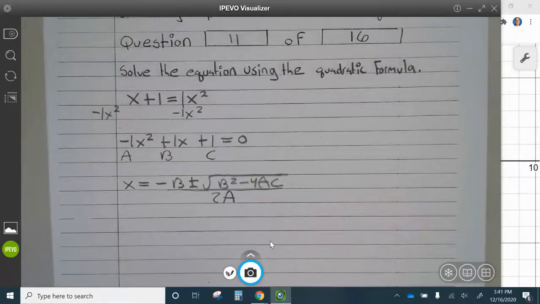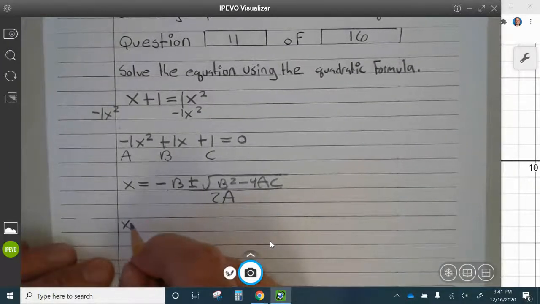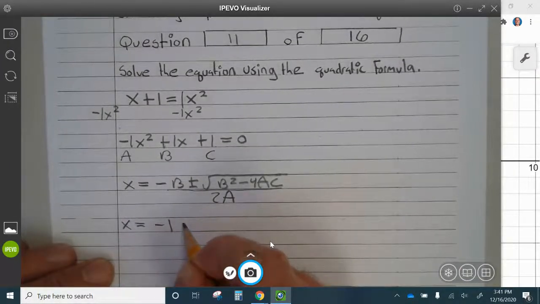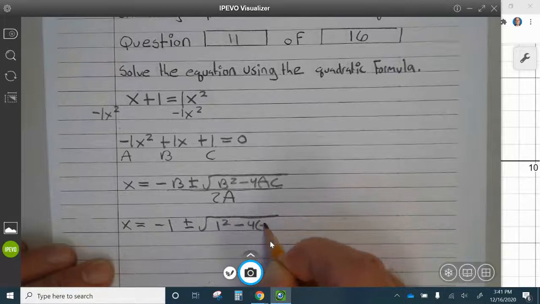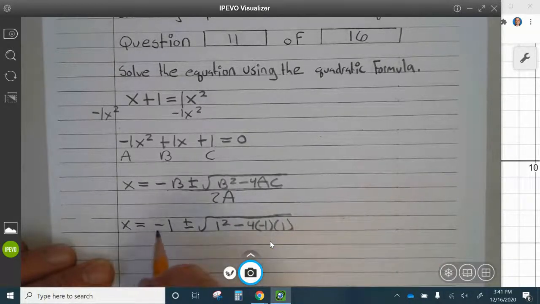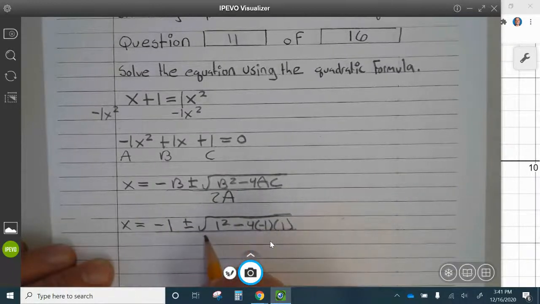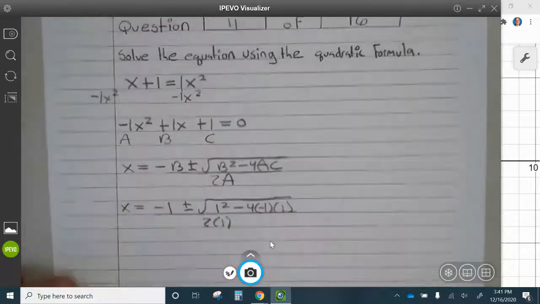Okay, so then x equals negative 1 plus or minus the square root of 1 squared minus 4 times negative 1 times 1, divided by 2 times 1.